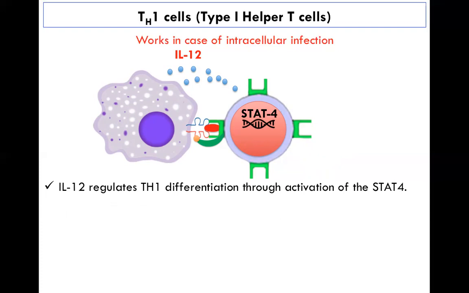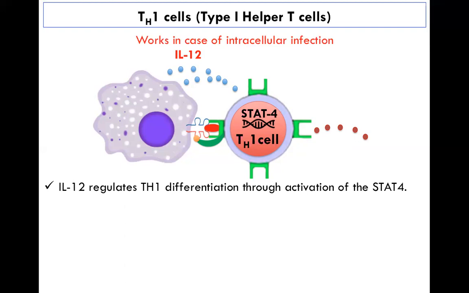And how do they regulate the TH1 differentiation? Actually, they activate a transcription factor. In case of the TH1, which transcription factor gets activated? That is STAT4. So IL-12 regulates the TH1 differentiation through the activation of STAT4. As a result, they get differentiated into type 1 helper T cells.